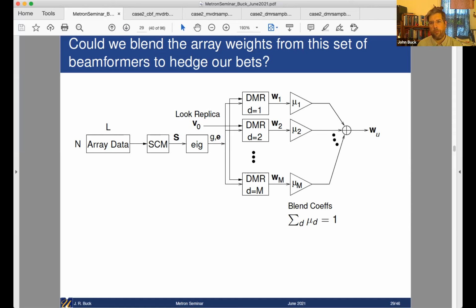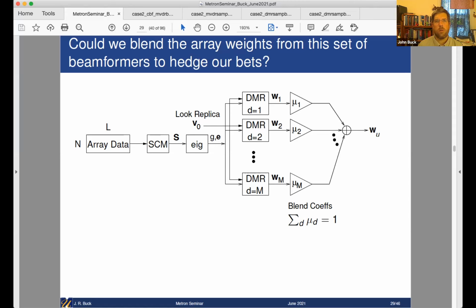But her Bayesian beamformer came up with a similar structure that had this weighted blend of different beamformers in it. If people are familiar with that, I wanted to mention it because it may help orient you. It's very similar to Christine's work in the structure you get, but I think I'll show you some different interpretation and performance ideas than the way Christine set up the problem.